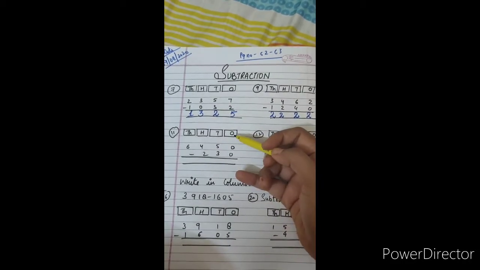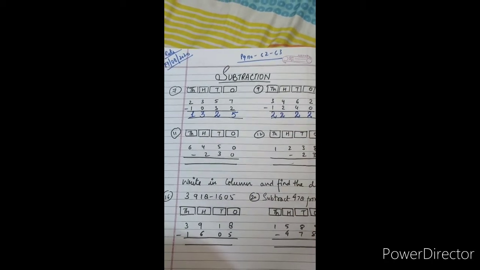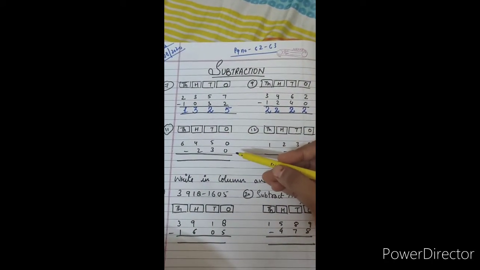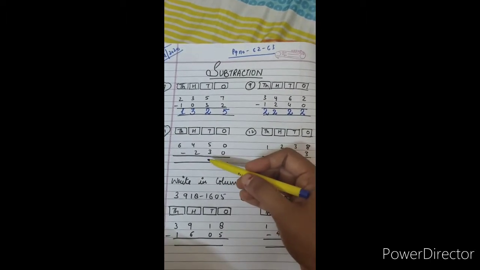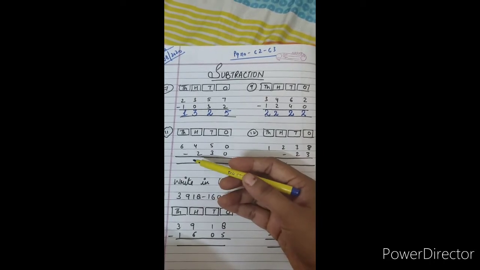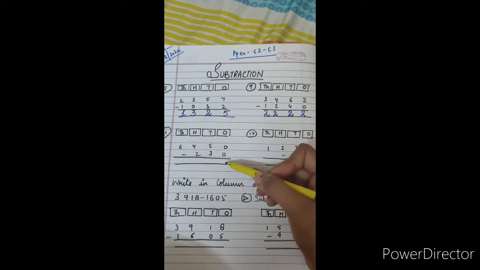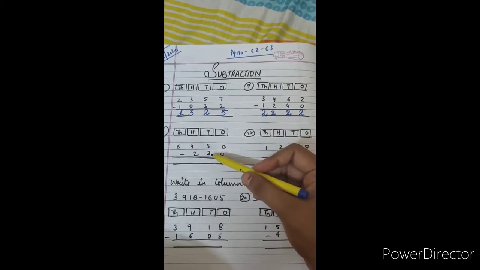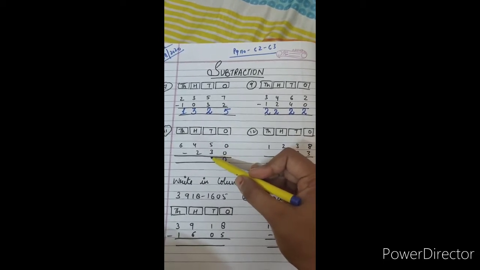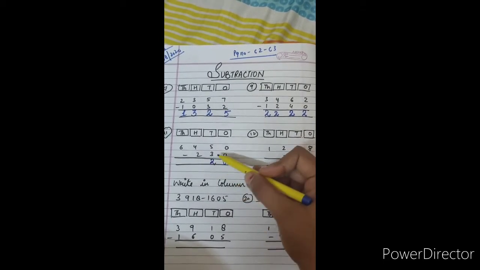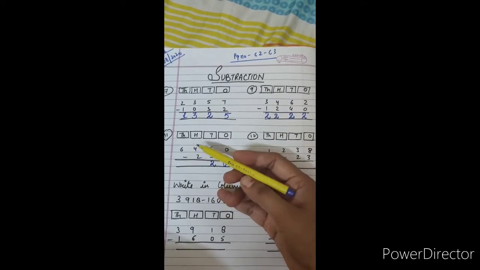O stands for ones, T stands for tens, H stands for hundreds, and TH stands for thousands. So we subtract ones from ones, tens from tens, hundreds from hundreds, and thousands from thousands. So we subtract 0 from 0, which is 0, and we subtract 3 from 5. 5 minus 3 is 2. And we subtract 2 from 4.